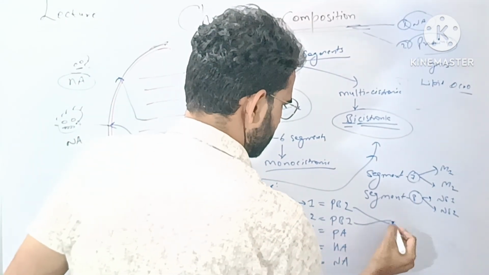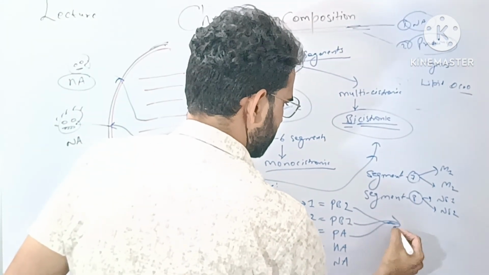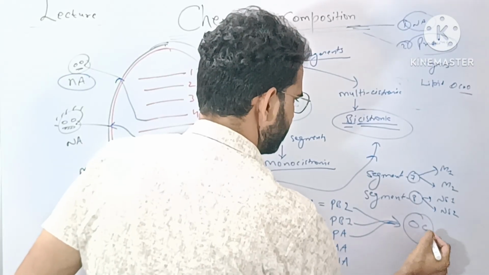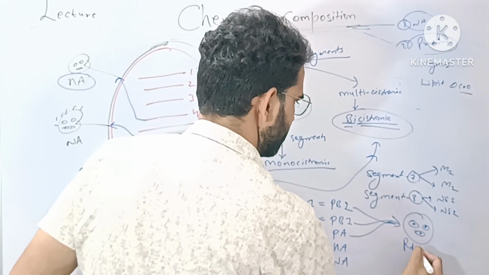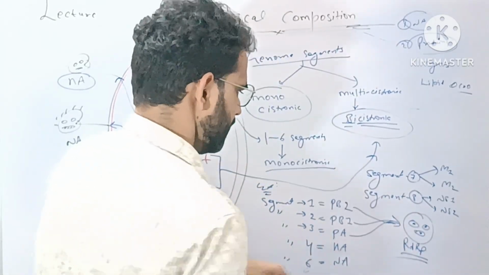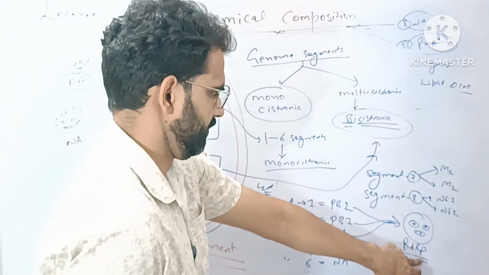These three together combine and form RdRp, RNA dependent RNA polymerase.